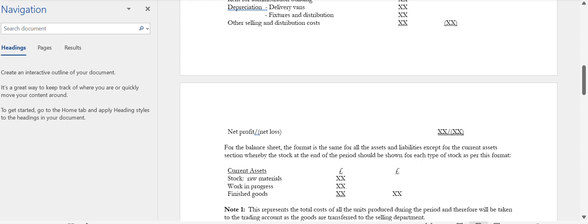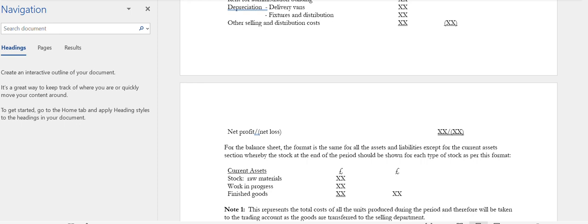If there is information about taxes, you less your taxes, then you get profit for the year. If there is payment of dividend, you pay dividends if that information is provided, to get the retained earnings for the year. Okay, so that is all about the manufacturing account.